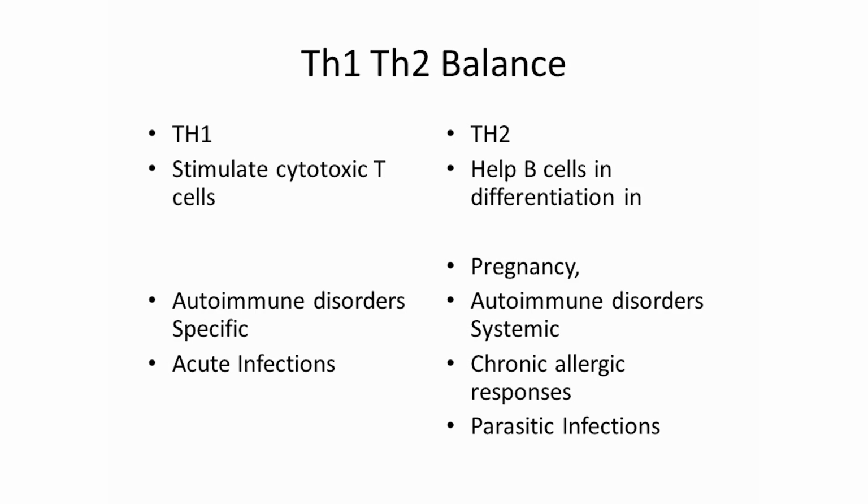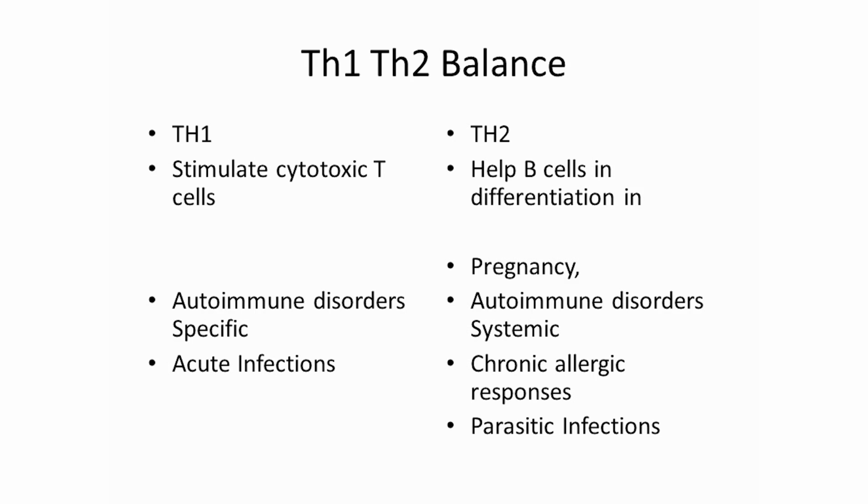Th2 is all about pregnancy, because pregnancy is a Th2 dominated thing, because you need to maintain that fetus. You need to have the anti-miscarriage action, and that anti-miscarriage action is indeed the Th2 one. Or chronic allergic responses, they are the Th2 responses.